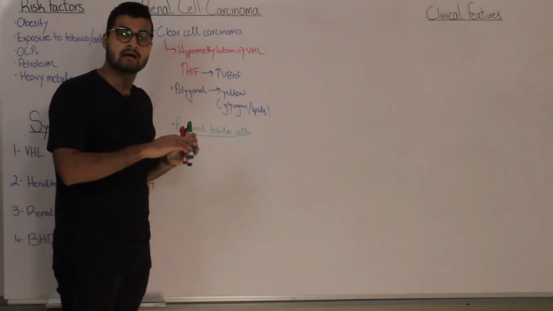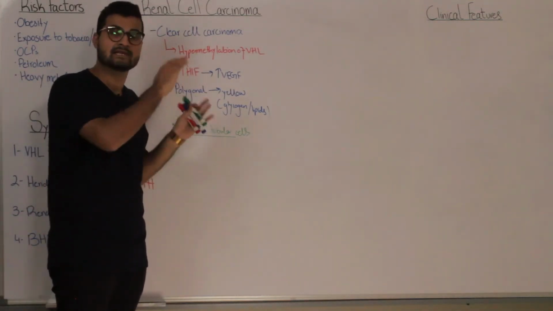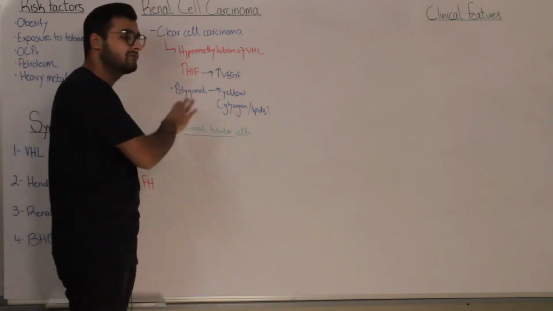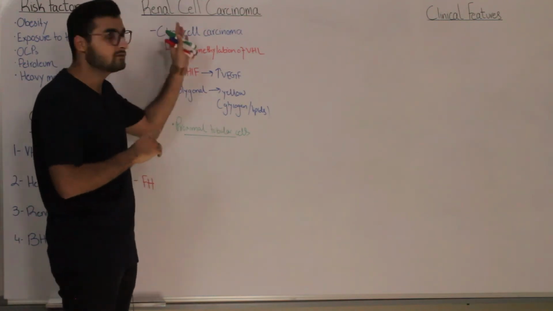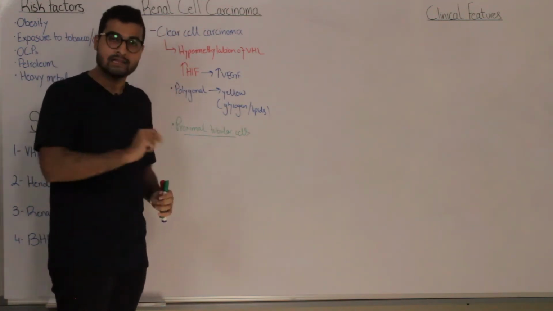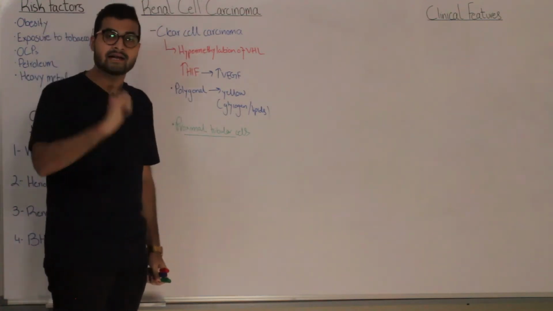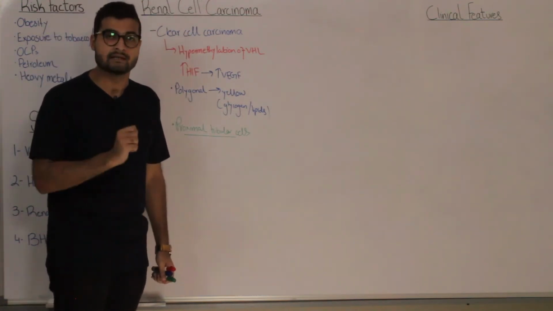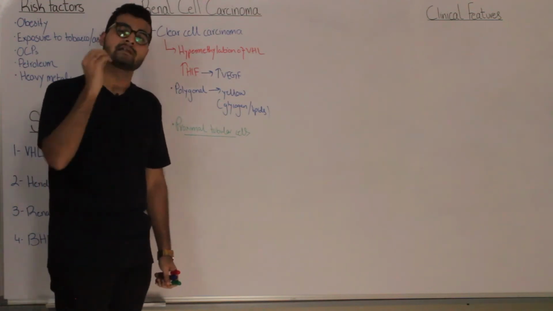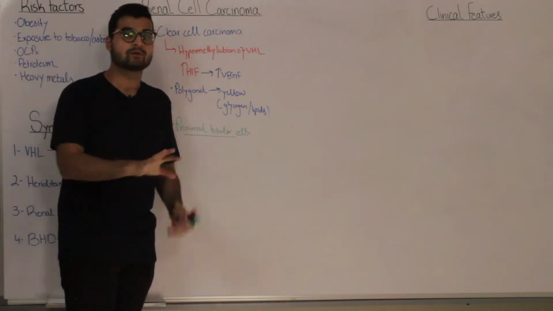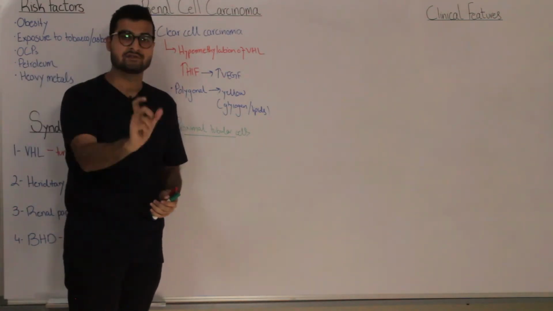In the proximal tubule, you have the straight and the convoluted tubule, and in either, you will have proximal tubular involvement in clear cell carcinoma. One thing to note is that clear cell carcinomas tend to invade the renal vein. They have the ability to invade a person's renal vein. Now if you were to follow the track, you have the renal vein.